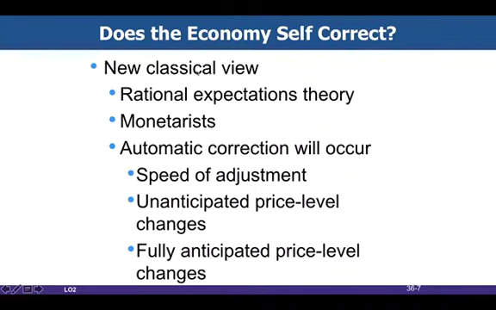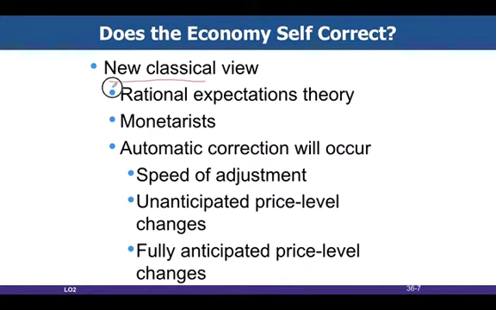So the new classical view, basically, nobody believes purely in what Adam Smith had to say. And in light of the Great Depression and classical economics' inability to do anything about it, new classical is a new way of kind of re-examining classical economics.